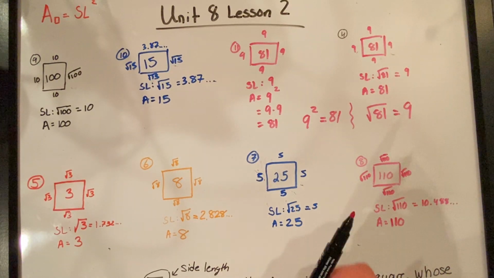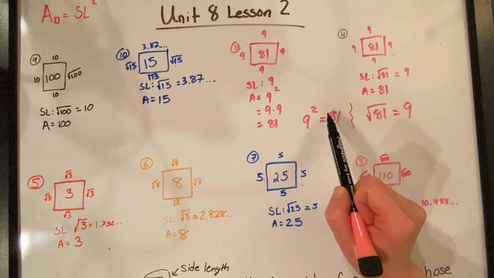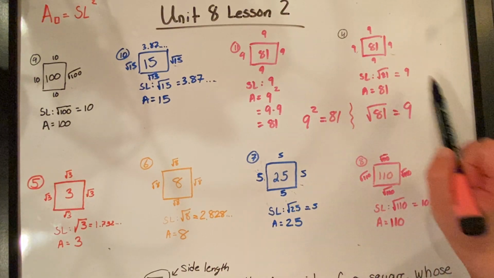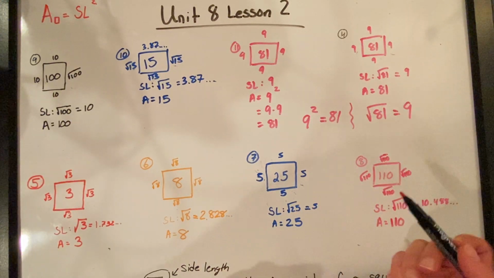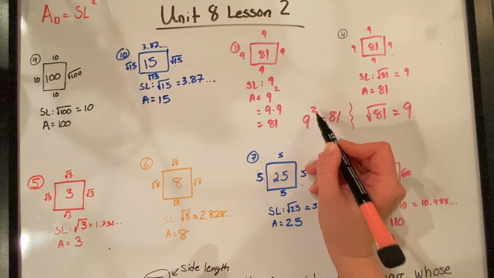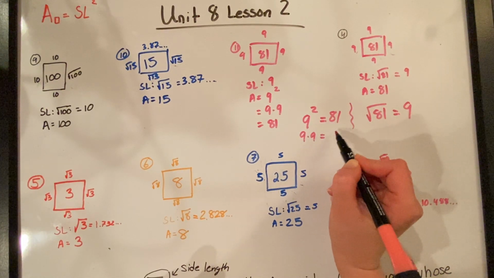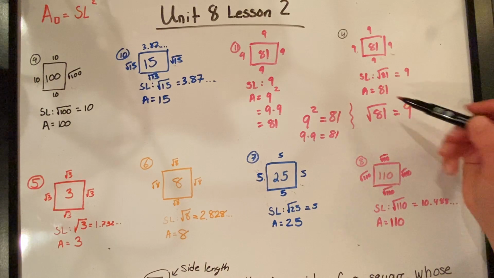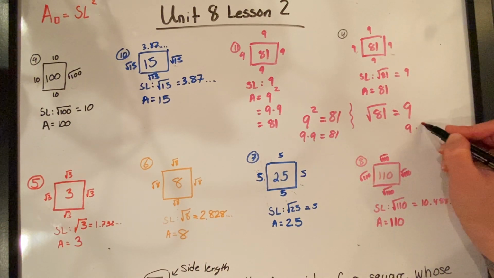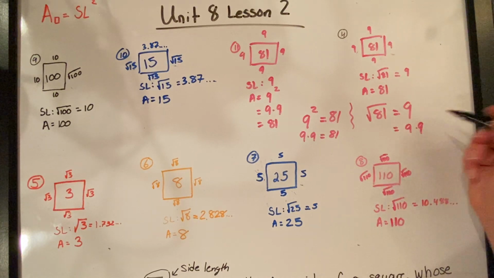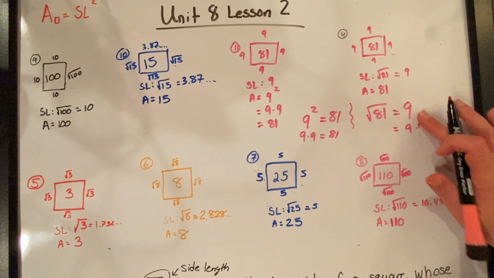So that means that when you square a number, it's the opposite of getting the square root of that number. So these are opposites. When you square a number, it's 9 times 9 equals 81. Here, it's saying this number equals what is inside of the square root.